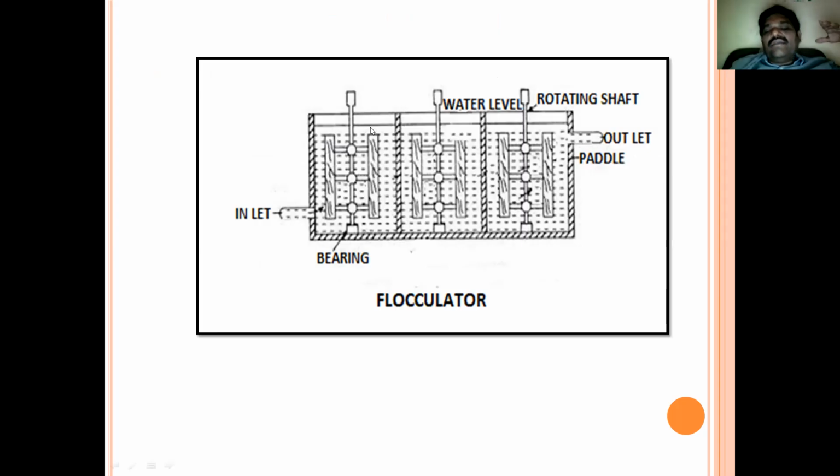From here, the floc, or a foam which has the fine colloidal particles, will be taken off from the surface by mechanical scrapers, and the water, after crossing all these units, will be sent through the outlet to the next stage of treatment.